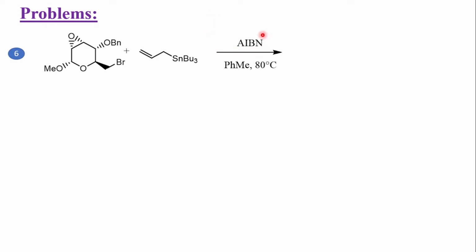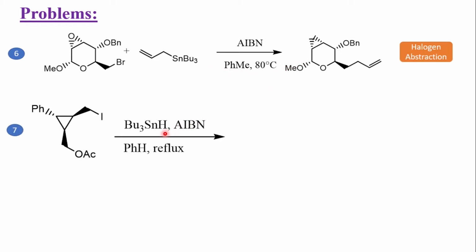Similarly, in this reaction, coupling of this carbon and this carbon will take place and leave out as tributyl tin bromide in the presence of AIBN. So this is also a type of halogen abstraction reaction. This is not a named reaction. In this reaction, this is the source of radical initiator.